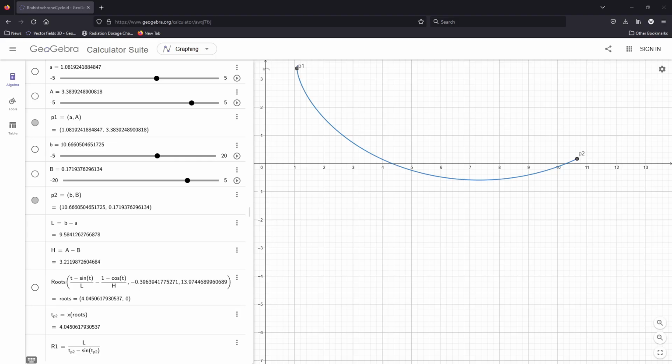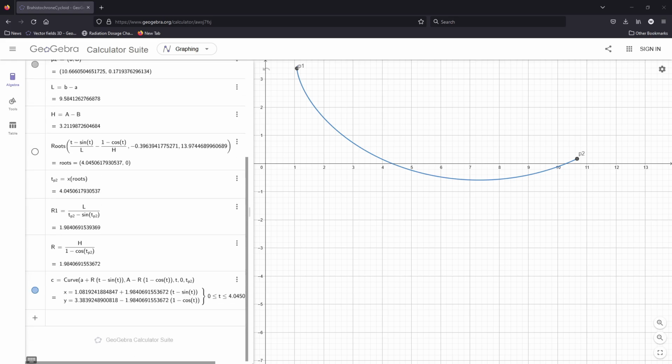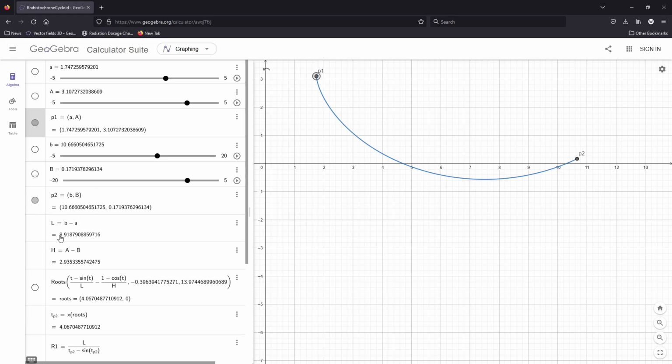And so if we switch to get a visualization here, this GeoGebra applet is something that I created to visualize the curve that I just derived, with all of the constants solved for. So this is the general problem where you move around the point A comma A and the point B comma B here.